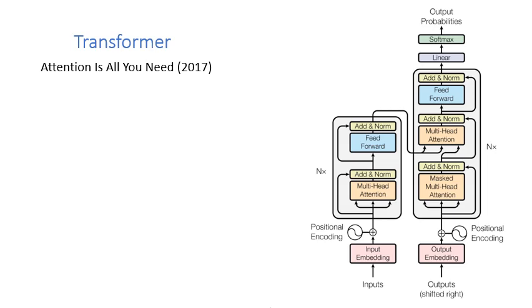But originally it was used for machine translation, and then it is a building block for many state-of-the-art models like BERT and GPT-2 and GPT-3 that we are going to discuss in this lecture. So this figure seems to be complicated at first glance, but I'm going to explain its components step by step, and it's not really complicated when we explain them.